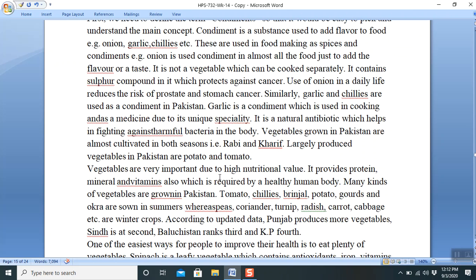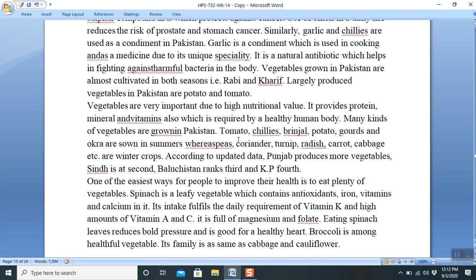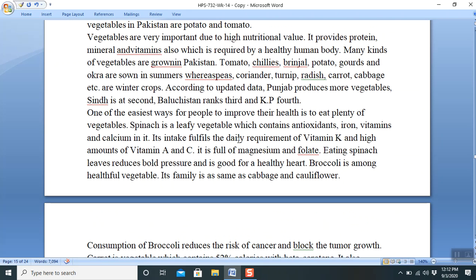So these vegetables are the best substitute of animal fat, clear, and they also are full of nutrients and energy. And especially people of the subcontinent are vegetarian in nature, and they like vegetables.